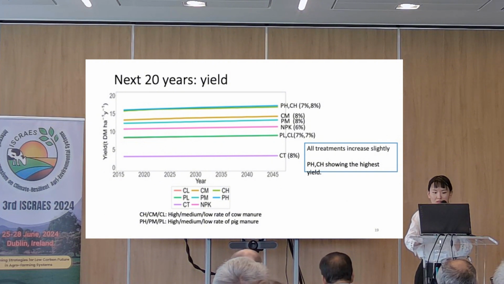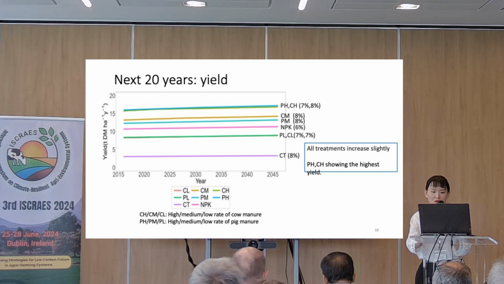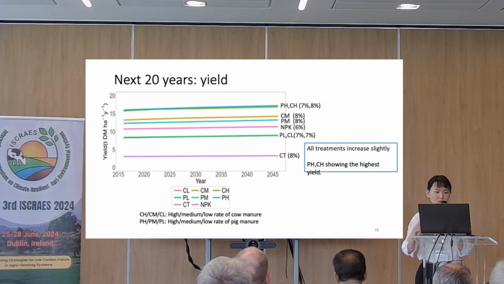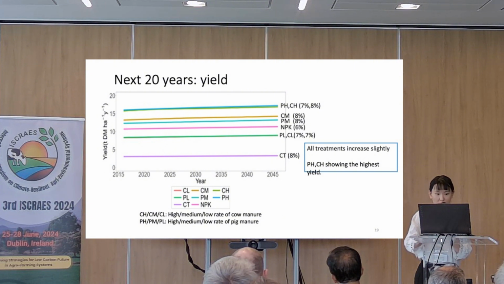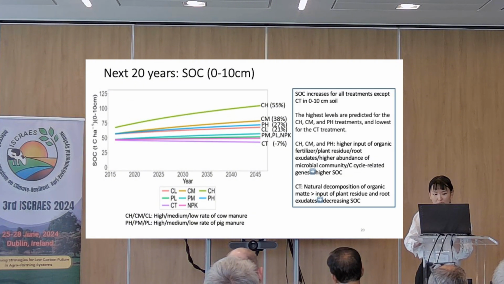As you can see, there is no inhibiting or negative effect in any treatment. They all increased slightly, even with very high application rates of pig manure and cattle manure, for example cattle manure at 640 kgN per hectare. It doesn't have bad effects, and they all increase slightly, with an increase rate between 7% and 8%.